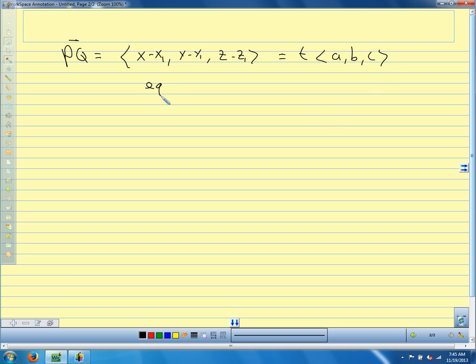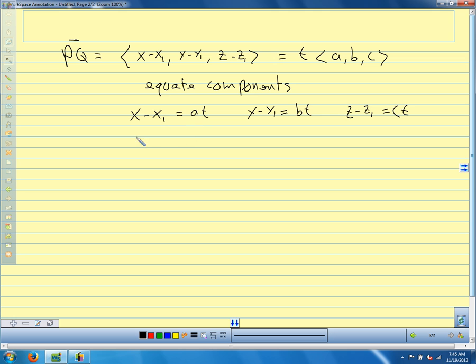So we equate components. And we get x minus x1 equals at, y minus y1 equals bt, and z minus z1 equals ct.